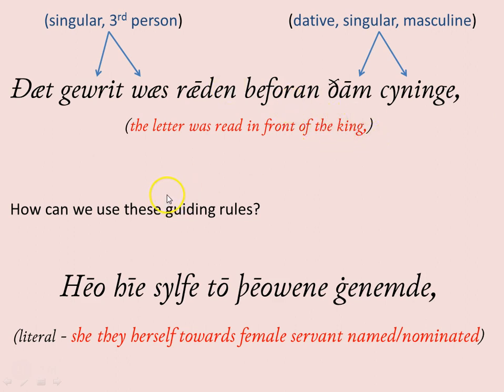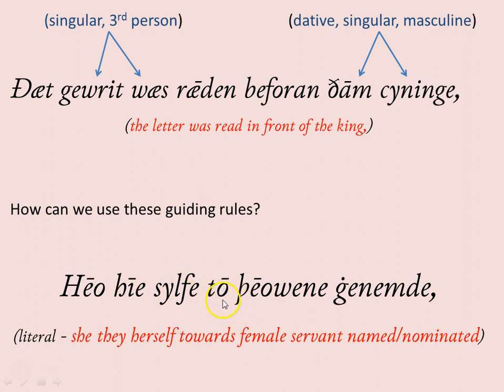Alright. Let's take another phrase you often see if you look through Old English texts, and it can be a little bit confusing. How do we decipher something like this? Look at it. Heo here sulva to theowena genemde. Well, I mean, look at that. Heo, she, here, they, sulva, probably herself.